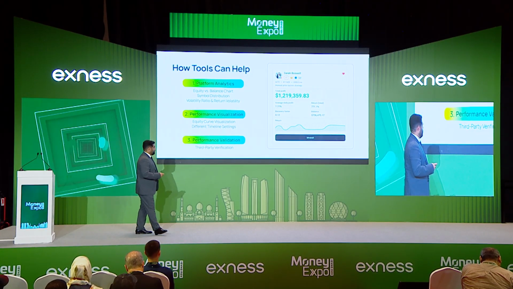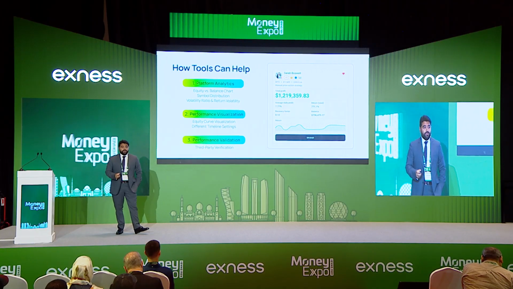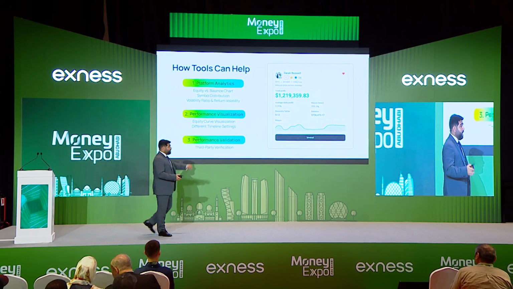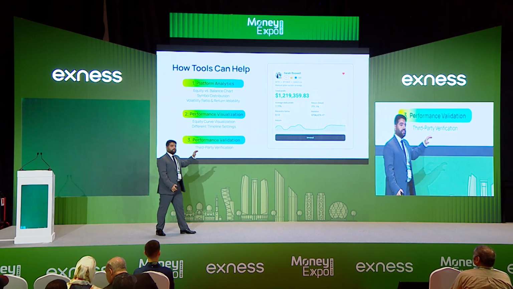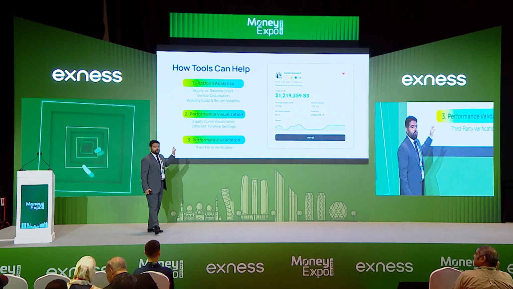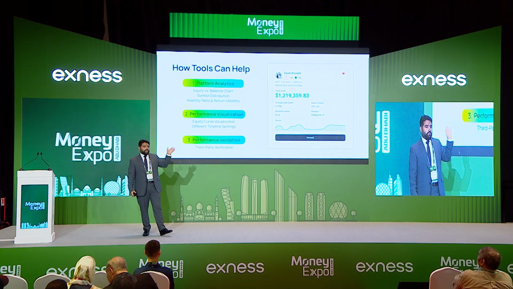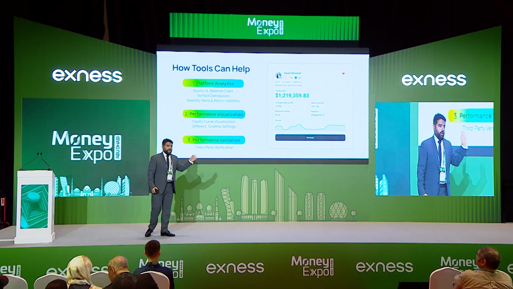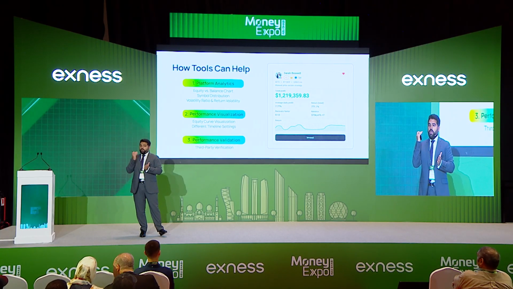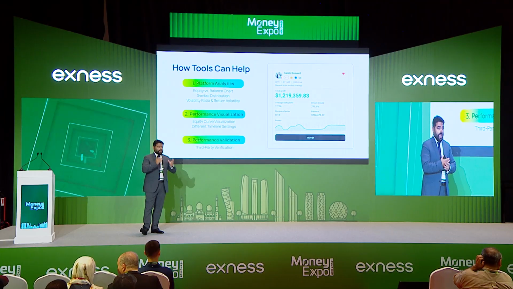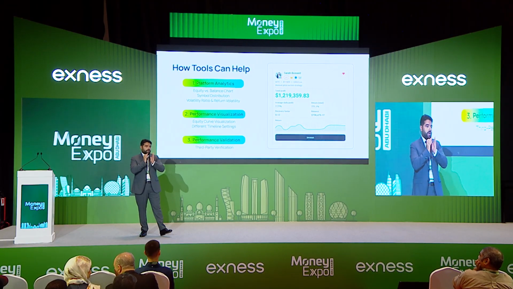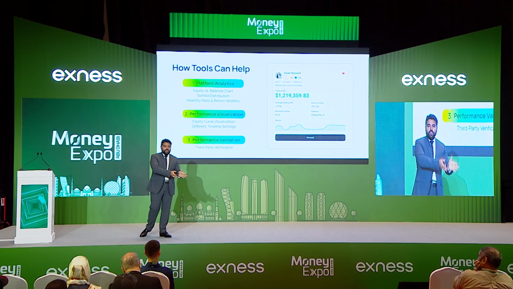Performance validation. The third-party verification. So the third-party verification is basically, for example, in this case, Brokeree. Our platform cannot be edited by anyone. Our platform is installed into the broker's trading platform, and it reflects whatever action is done on the trading platform.